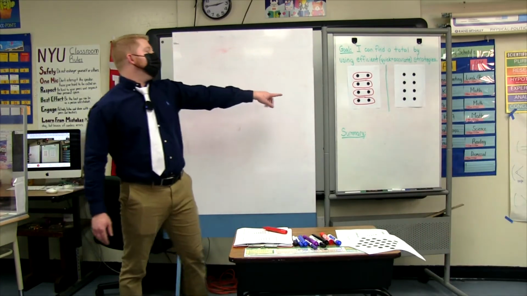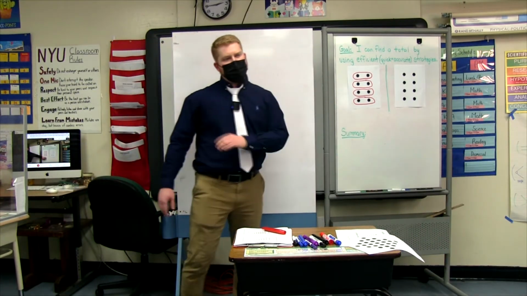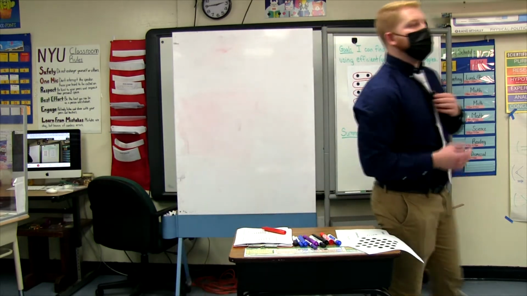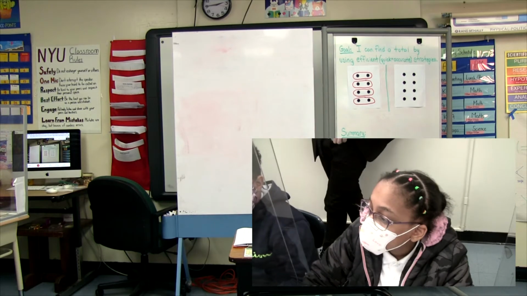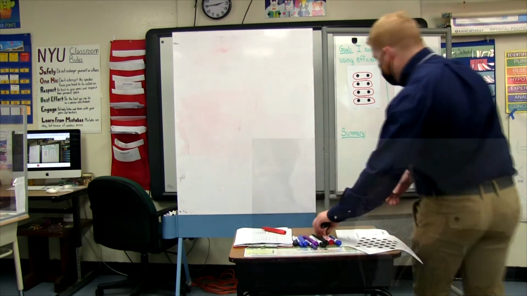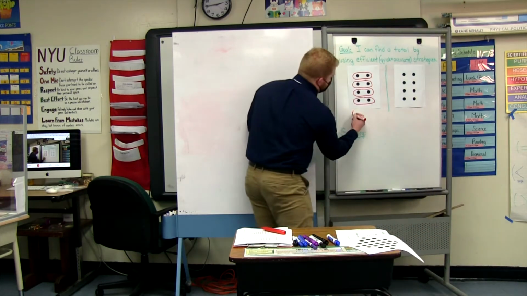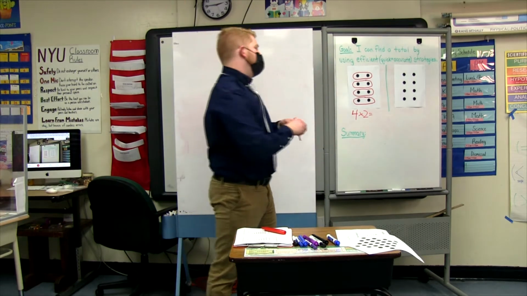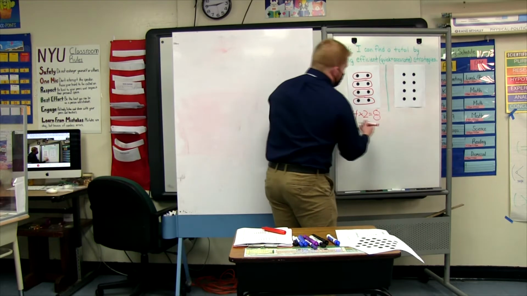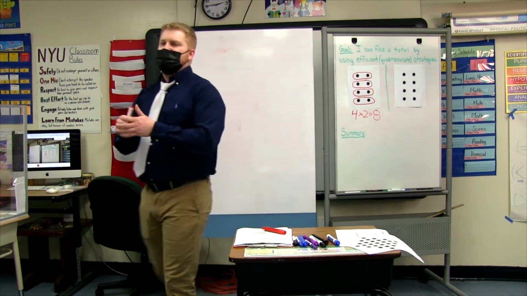And what equation do you think matches how Howard grouped these? Let's go over to Genesis. 4 times 2. Okay, 4 times 2, or 4 groups with 2 in each. And what total does that get us? 3, 2, 1? 8. Awesome. All right. Not too tricky, but I think Howard started mentioning another way.